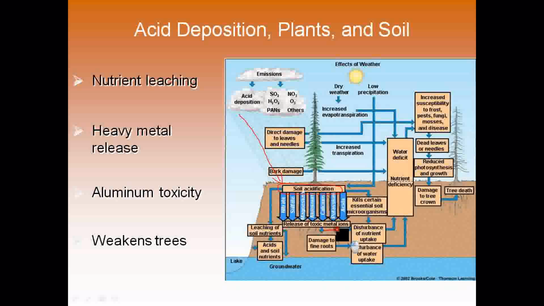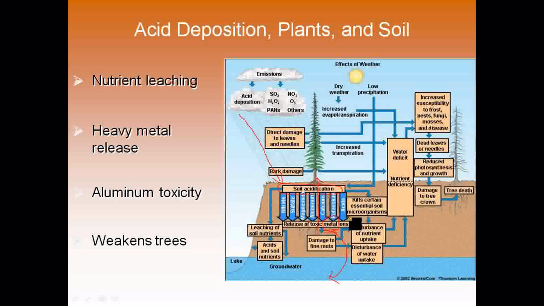These toxic metal ions are now free ions, and they can react with other chemicals in the soil. Or these metal ions end up being taken up into the root system of the tree, doing real damage to the tree. And of course, as I mentioned before, toxic metals not taken up by the plant can end up in the groundwater, which is a problem if you get your drinking water from the aquifer.